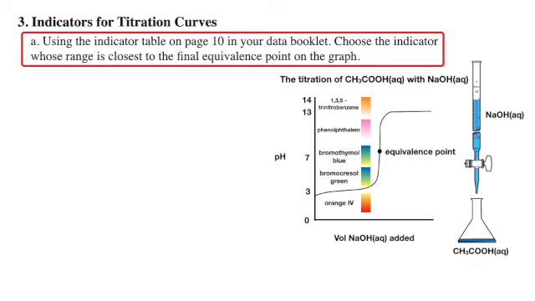It's off the vertical. That one doesn't count. Orange 4 is below. That doesn't count. The other 3, bromo green, bromo blue, and phenolphthalein, are actually all good indicators. They would work for this reaction. But the very best one is bromothymol blue because it's the one that's closest to the equivalence point.